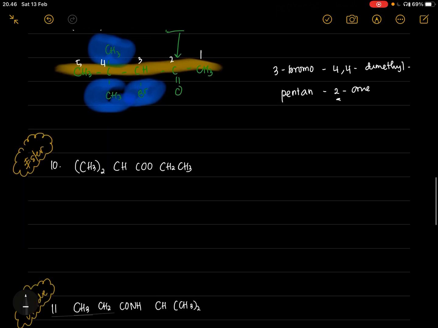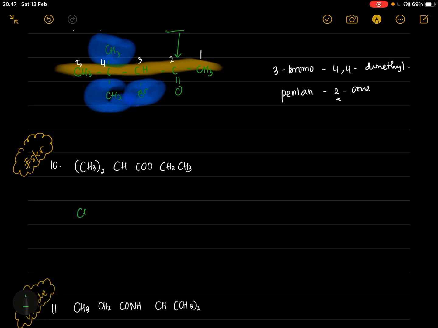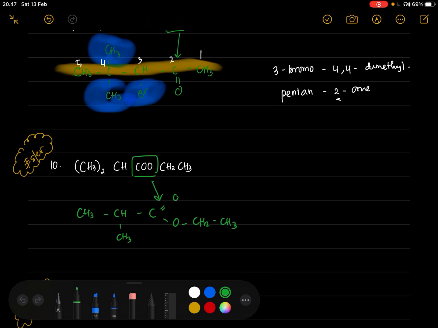For number 10, again I open up. So we have the CH3, CH, CH3, COO, and then CH2, CH3. Now here we have the ester link. This one, just this one, is the ester link. If it is an ester link, you have to separate 2 groups.